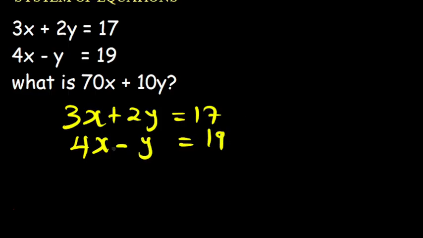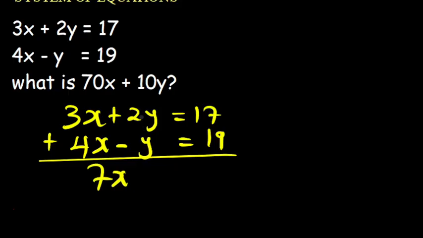When we add this together, we have 3x plus 4x is 7x, and 2y minus y is the same thing as plus y, is equal to 36. Now look at this.